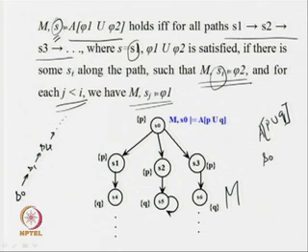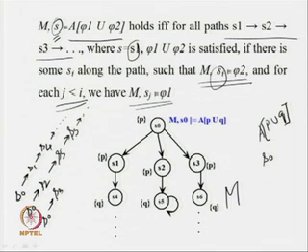Second, S0 has a transition to S2, S2 has a transition to S5, and in S5 we have a self loop. Again, we have another path from S0 to S3, and from S3 we have a transition to S6, and it has a path from there.